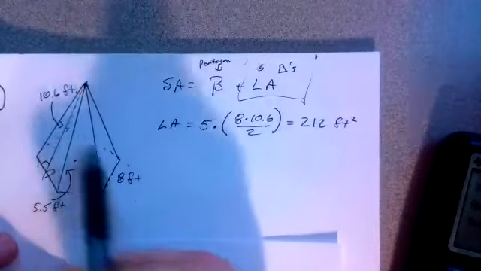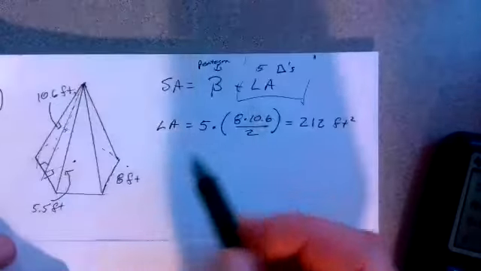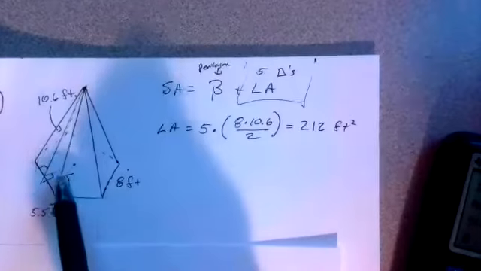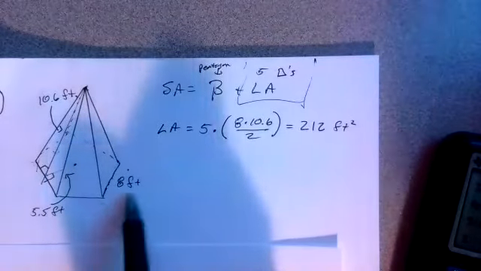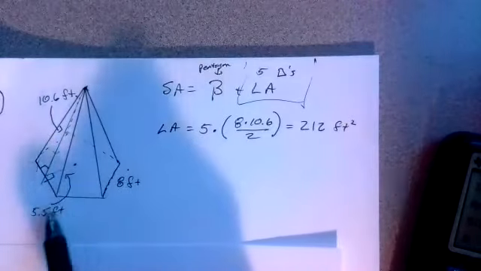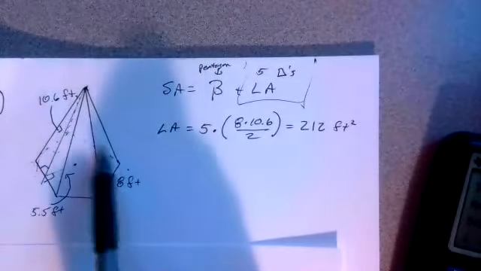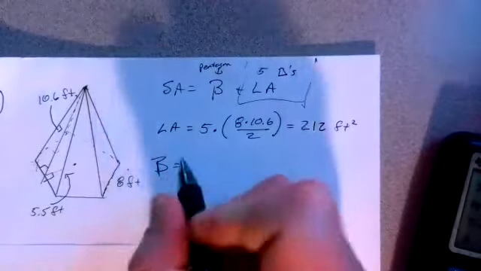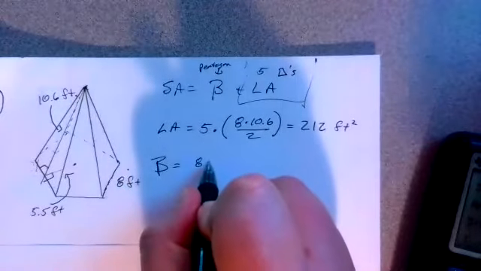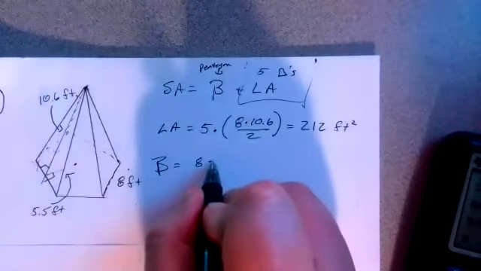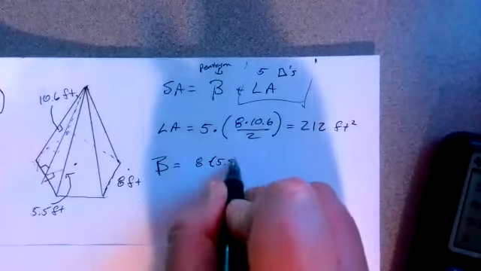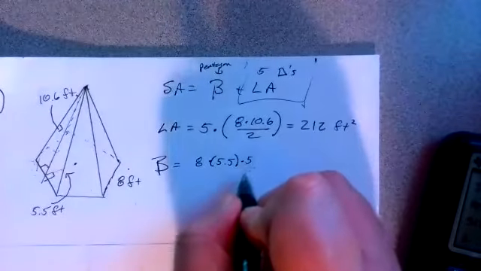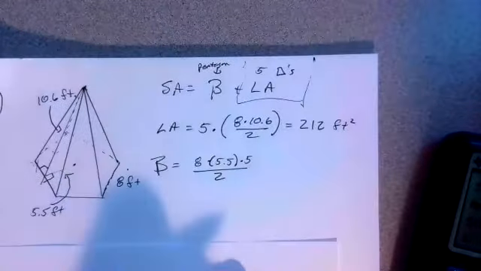Now the area of the base. Now remember, the area of a pentagon is the base length, so here we have 8, times the apothem, 5.5, times the number of sides, divided by 2. So our base is going to be 8 times the apothem, which is, and I'm going to put this in parentheses, 5.5 times the number of sides, 1, 2, 3, 4, 5 sides, all divided by 2.